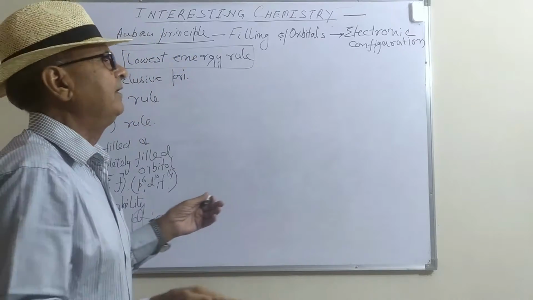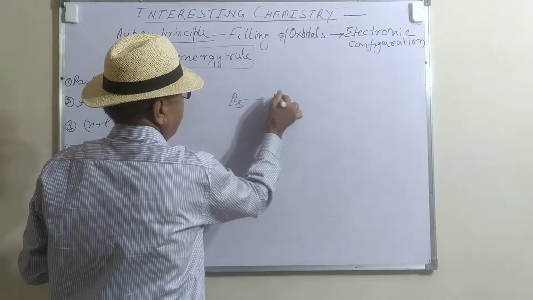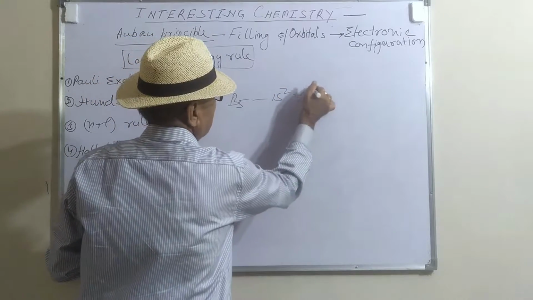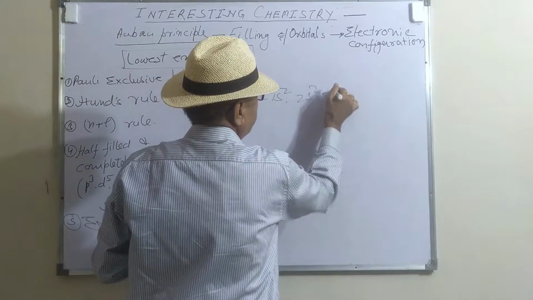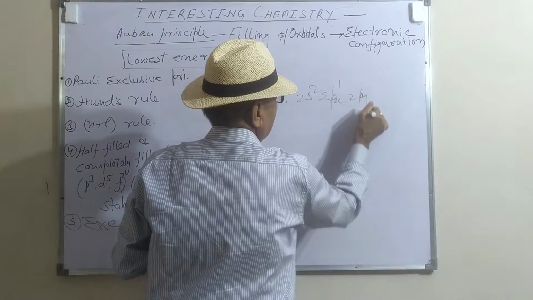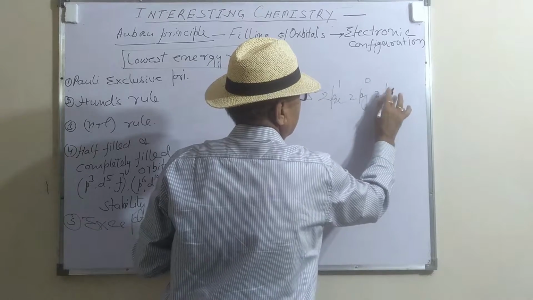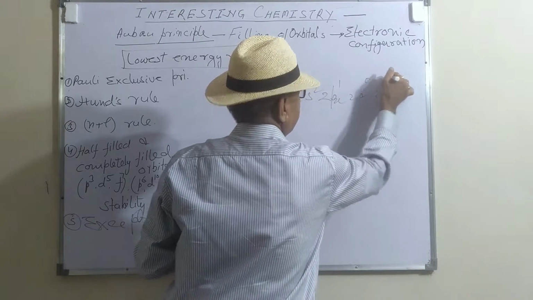Suppose you are taking boron. Boron 5, 1s2, 2s2 and 2px1, 2py0 and 2pz0.